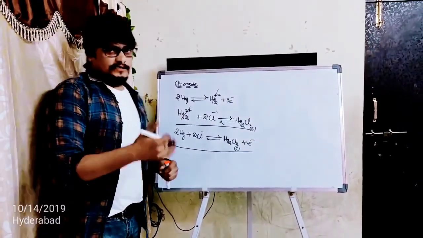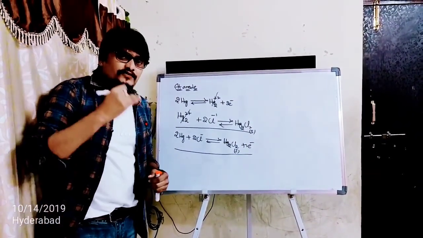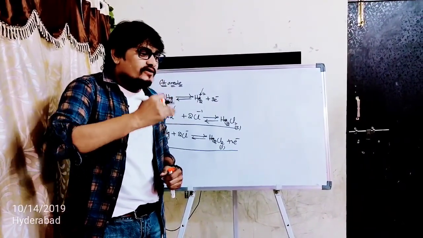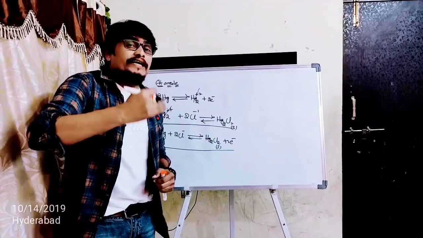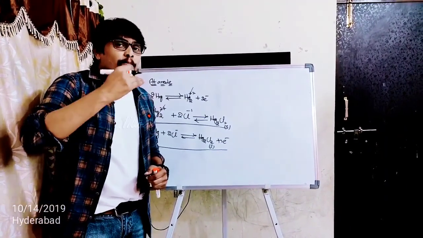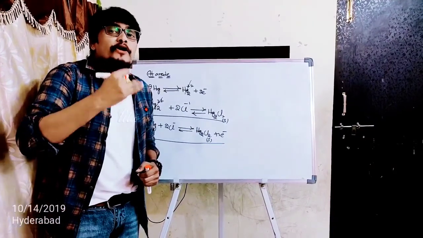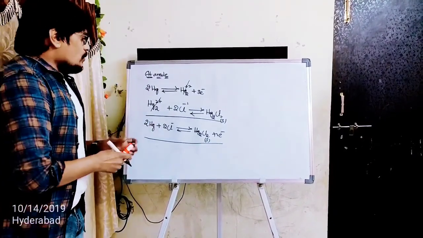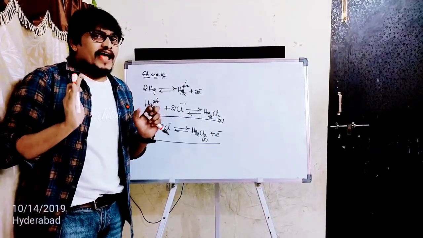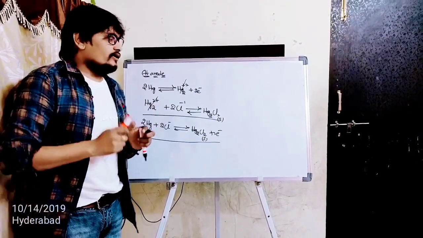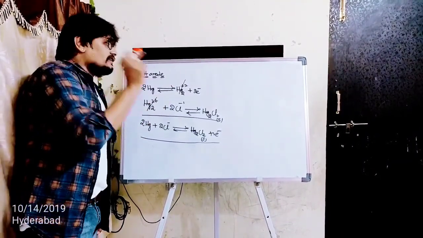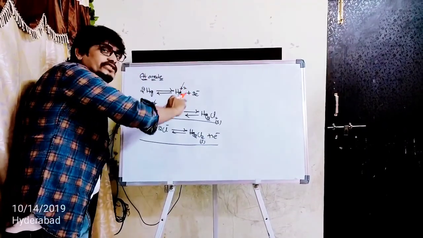Now we have to discuss the reactions which occur during the functioning of the saturated calomel electrode whenever it acts as a cathode. And what is the chemical which acts as a cathode, which I discussed in the beginning, right? That is mercurous chloride. Now, it is very easy to remember the reduction reaction occurring at the cathode. The reduction reaction is exactly the reverse of the oxidation reaction.